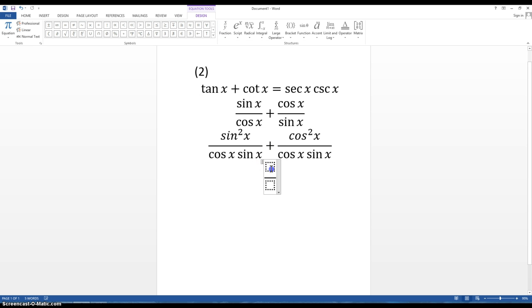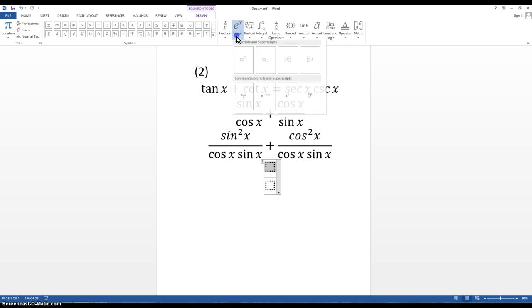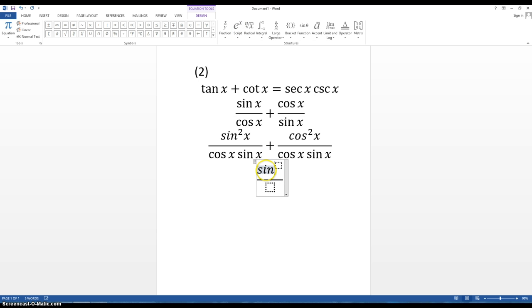So when we combine them, we get sine squared of x plus cosine squared of x all over the exact same denominator, cosine of x, sine of x. Alright, let's look at the top. We have sine squared of x plus cosine squared of x.